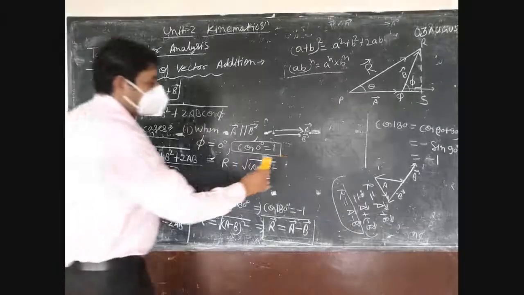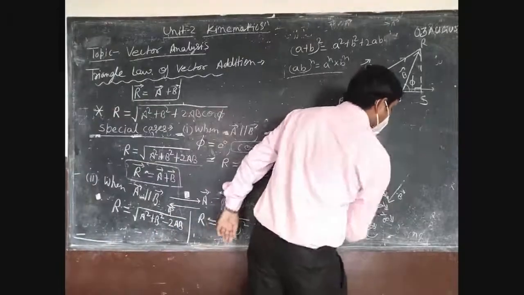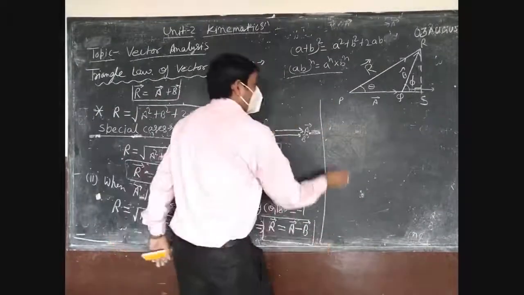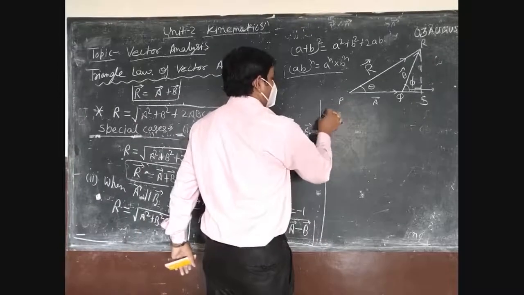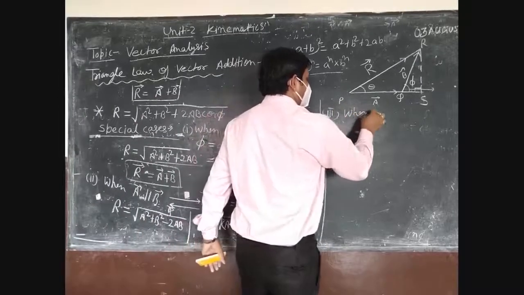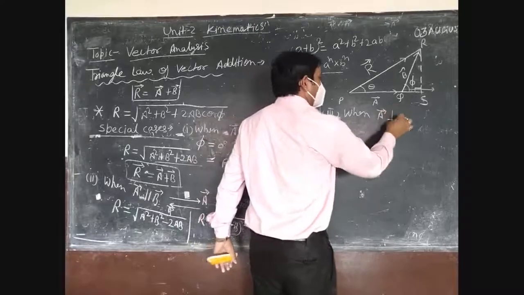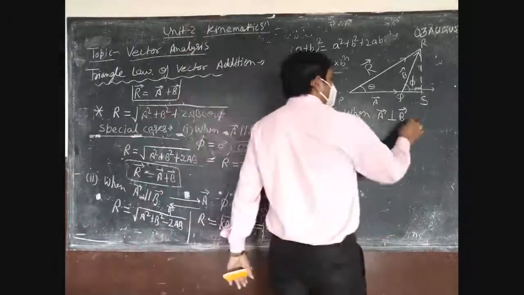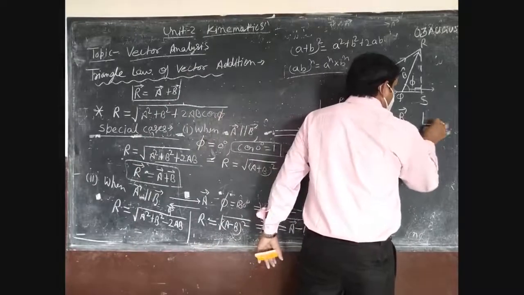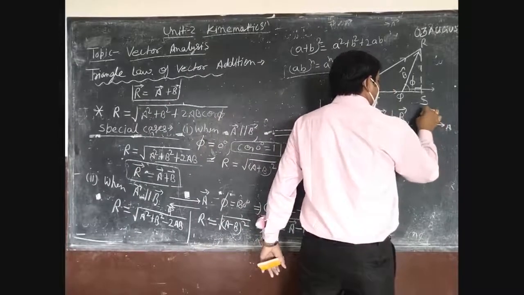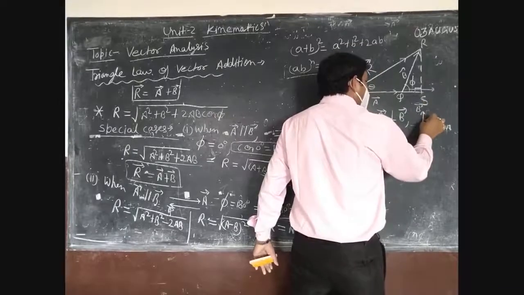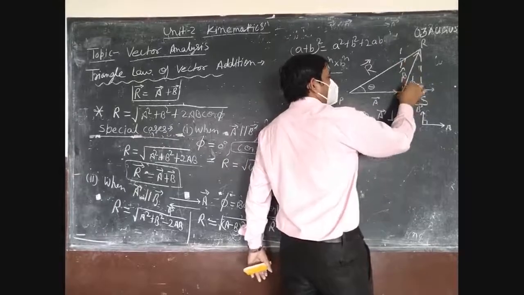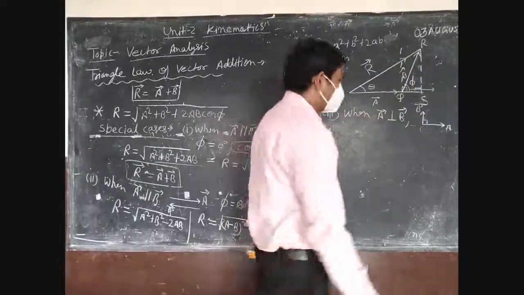And third and last case, when vector A is perpendicular to vector B. That means this is vector A and this is vector B. Now suppose this is like that, so this phi will become 90 degree.